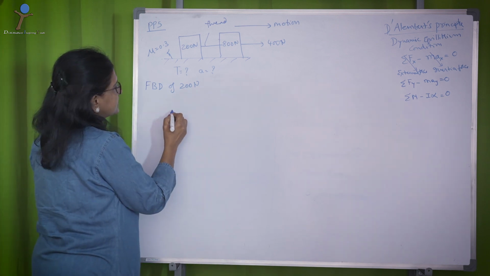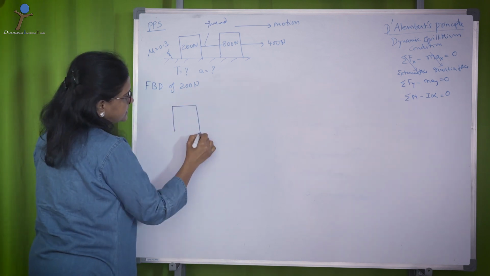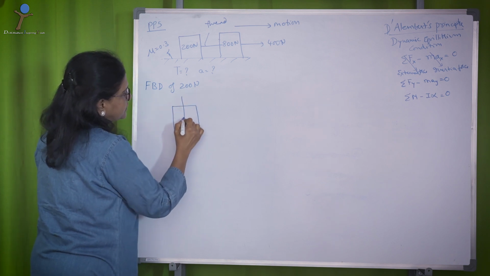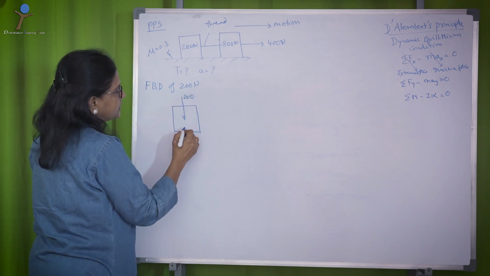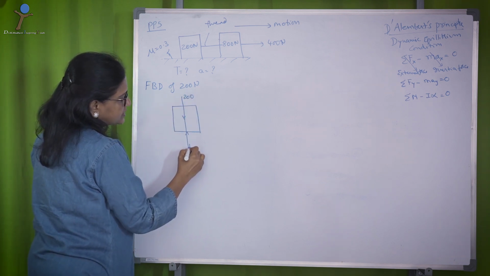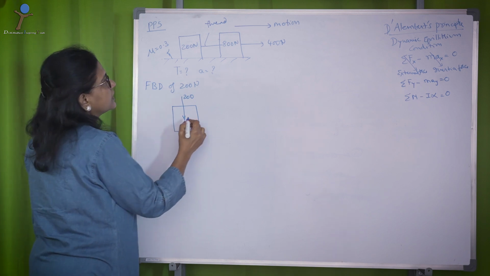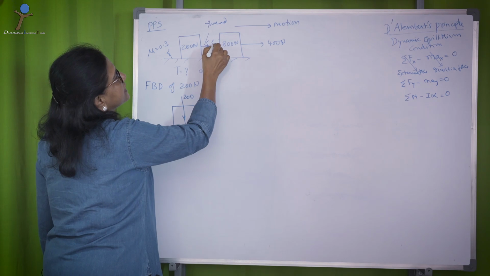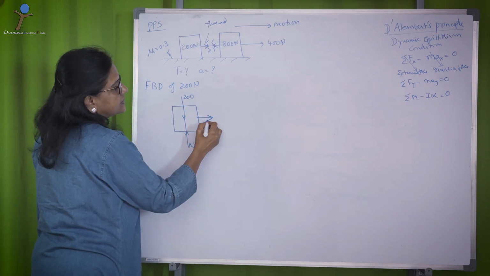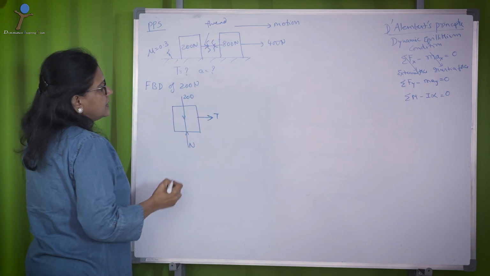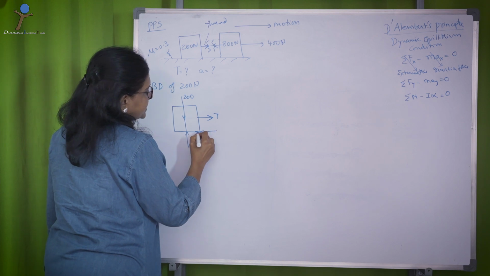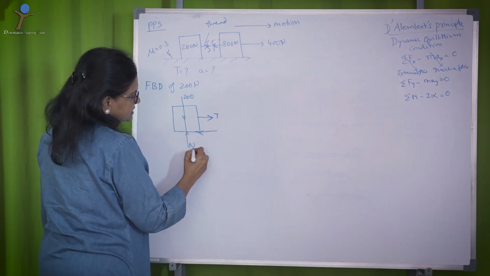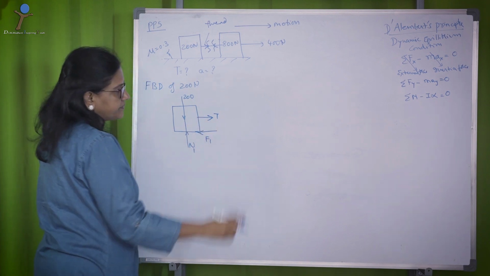So considering the free body diagram, you have this 200 Newton here and a normal reaction on the same line of action. Then you have the tension in the thread, and there is a frictional resistance. Let me call this N1, so F1.